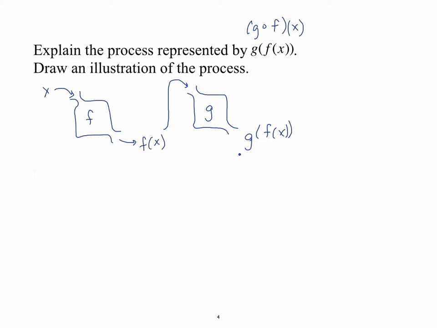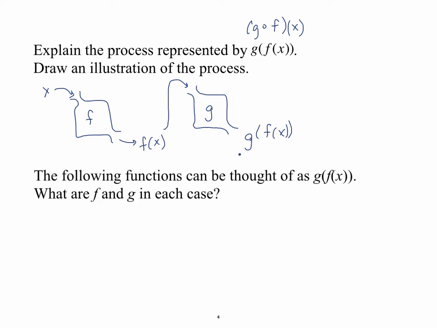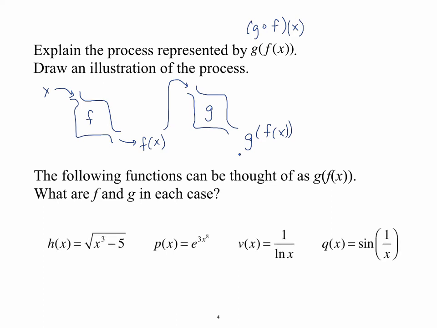Okay. So then the following functions can be thought of as compositions of two functions. Okay. So what I'd like you guys to do is for each of these four functions, identify what could be the function f and g, such that g composed with f is the function that's written. Okay.